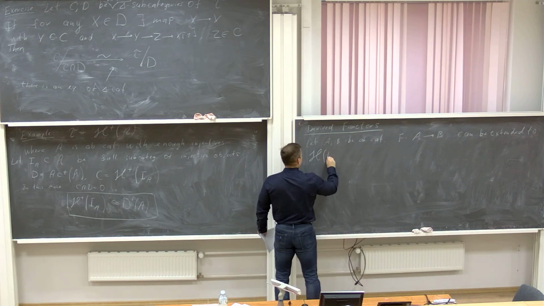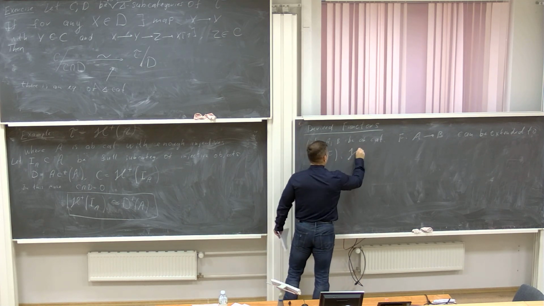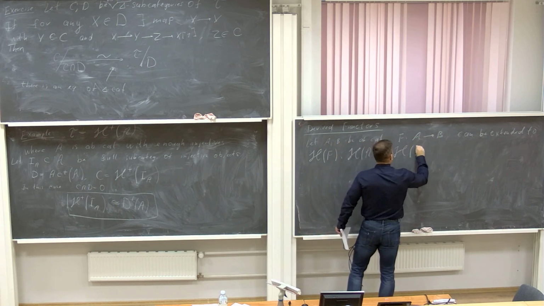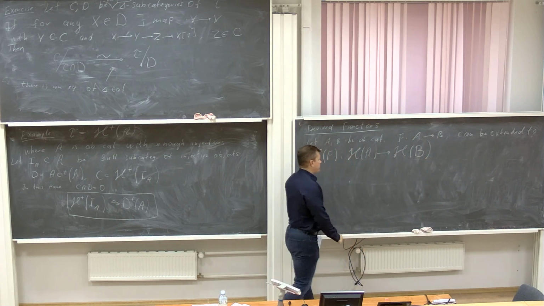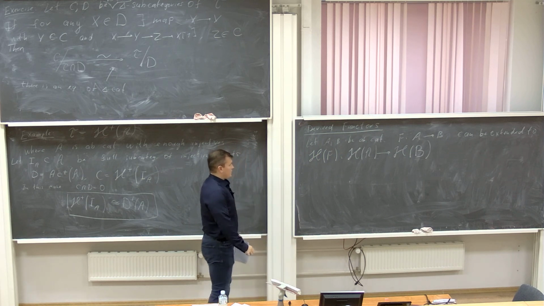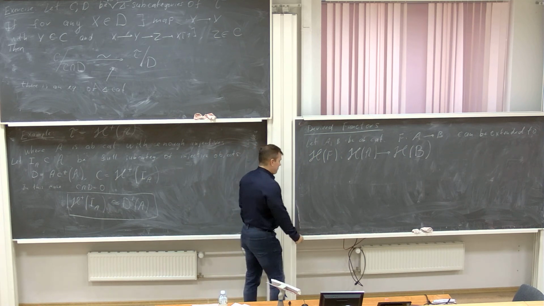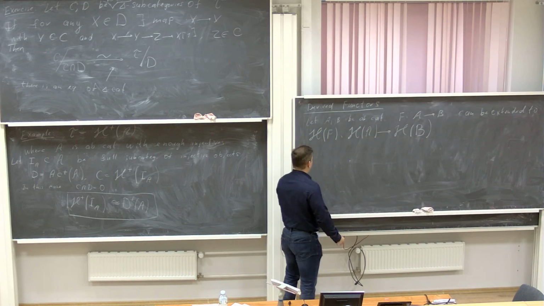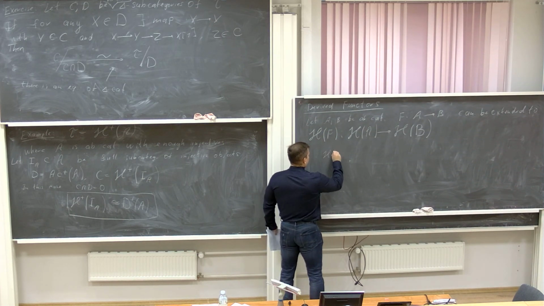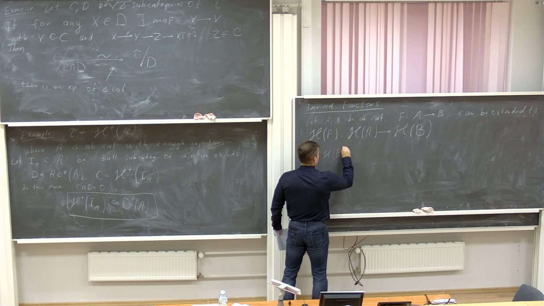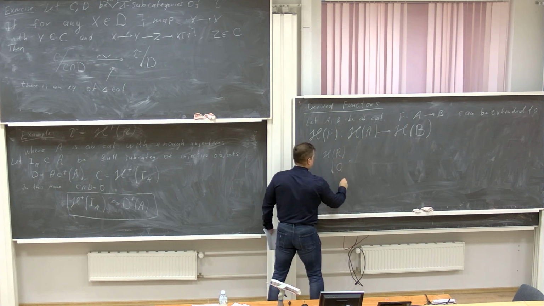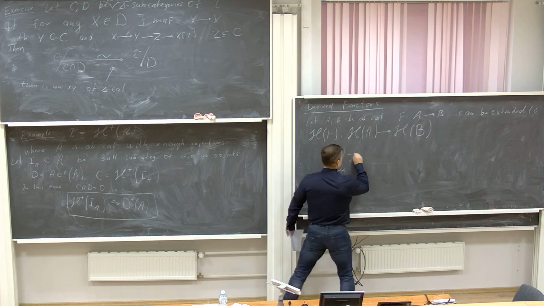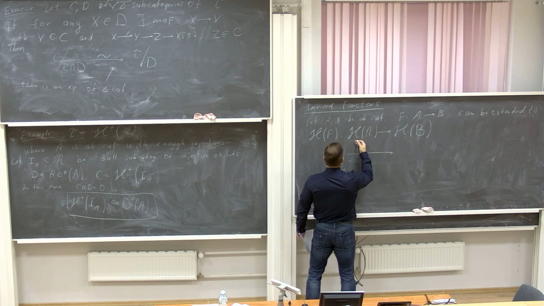So H of F is a functor between homotopic categories. This is always possible. Now, of course, what we want to do is the following. We have the homotopic category, and there is a localization functor to the derived category. There is a functor between homotopic categories.